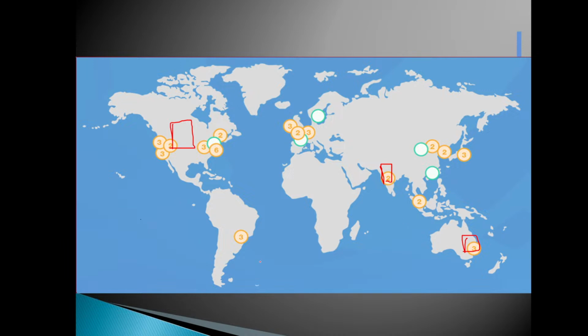Now let's say your user is in South America. Latency between these two servers is 2 seconds. Latency between these two servers is 3 seconds. And latency between these two is 4 seconds. So which server will be connected to this user?